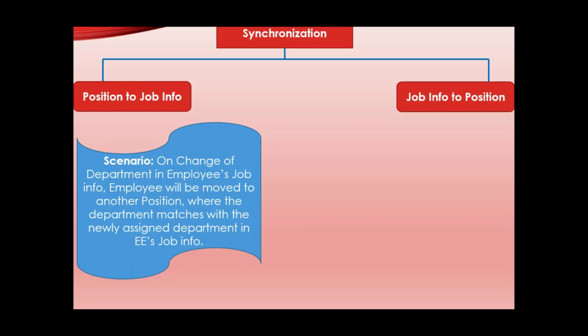In summary, when the department is changed in the employee's job info, the employee needs to move to another position where the department and other credentials maintained in the job info, other field details, will match the new position. That is our requirement.